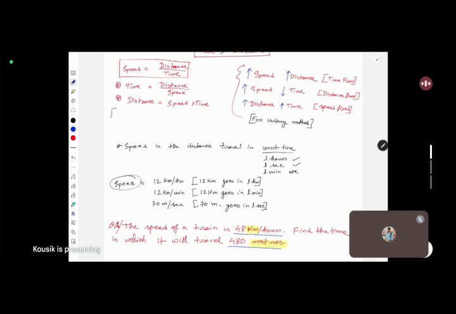In case of formula, unit should be same to apply this formula. For all formulas to apply, the unit should be same.